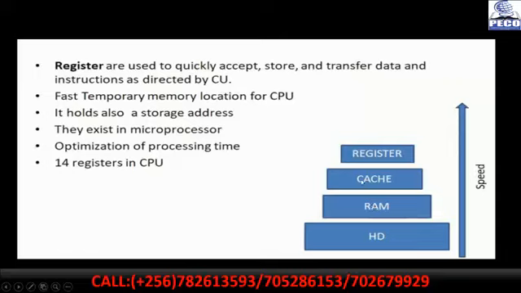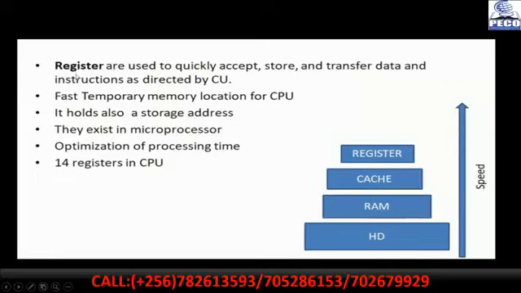Depending on the type of data item, registers will also be used. Data can be taken from cache to registers to optimize the performance of the CPU.